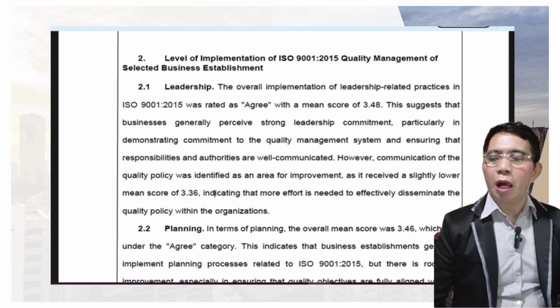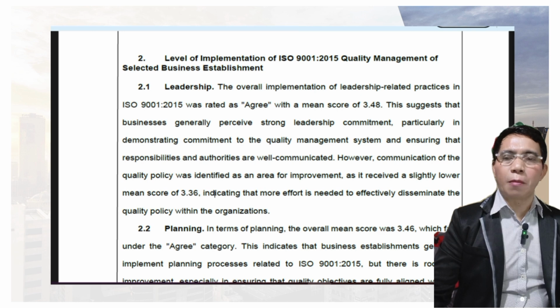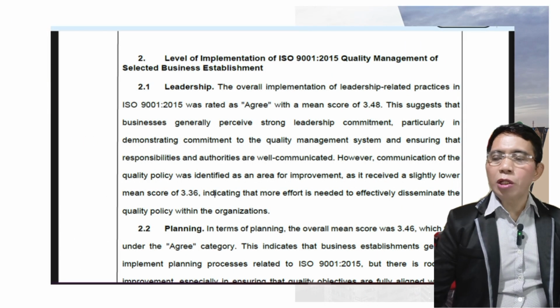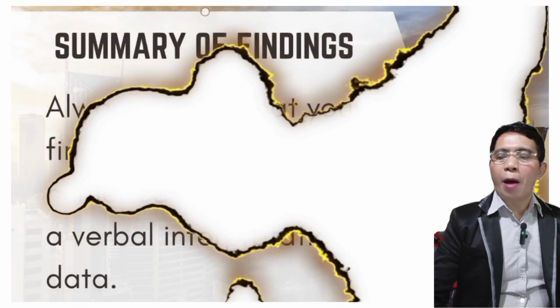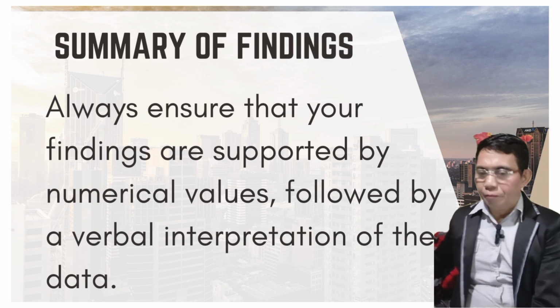As you proceed, continue applying the same procedures for each succeeding SOP and survey questionnaire, presenting each item orderly and systematically. Always ensure that findings are supported by numerical values, followed by verbal interpretations of data. Be consistent in observing the required format and structure throughout your presentation.